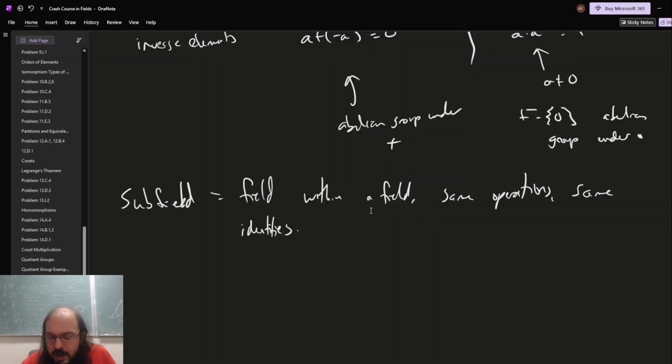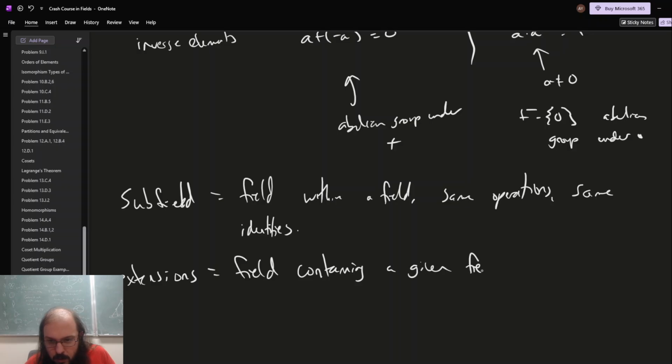And one of the things that makes fields different than groups is that with fields, we often also think about the other way around, which is we think about field extensions, which is a field containing a field, with the same operations. In other words, I can't really write same without the air quotes because there are new elements.